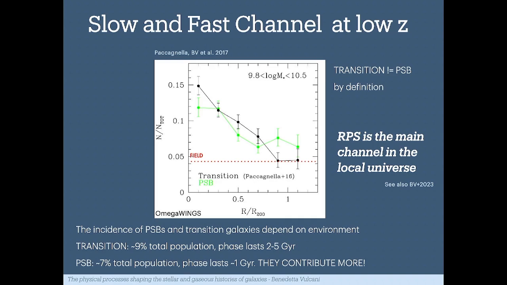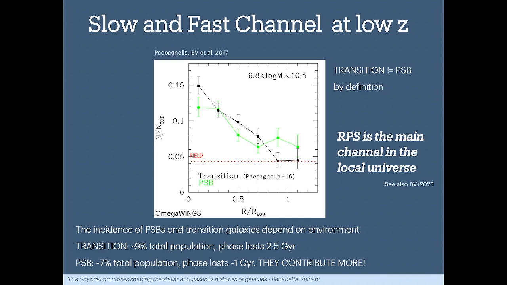And this has also been discussed in another paper that we did in GASP last year, where we measured the visibility phase of optical tails in cluster galaxies, and we really see that each galaxy in a cluster most likely undergoes a stripping event which is visible at optical wavelengths in its life. So RAM pressure stripping in the local universe is very important.